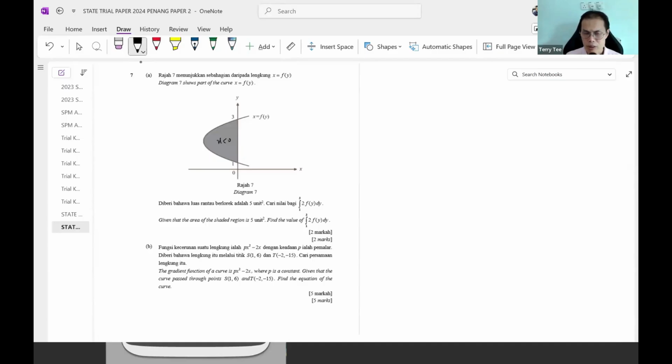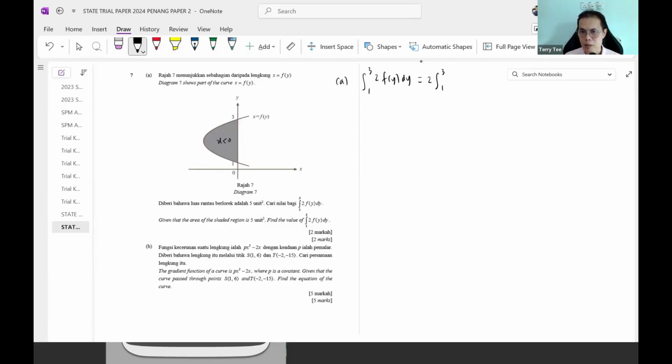The x values are less than 0. If the x value is less than 0, when you integrate it, the result is also negative. So for the first part, when you integrate 2 times f(y) dy from 1 to 3, you can take out the 2.